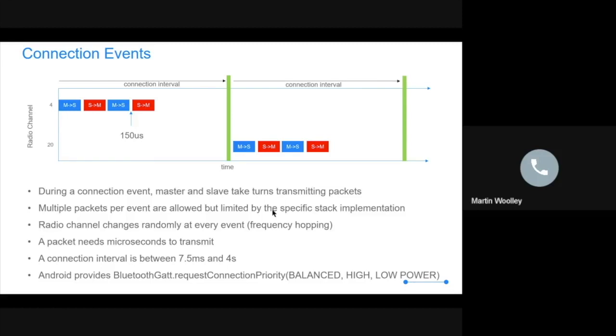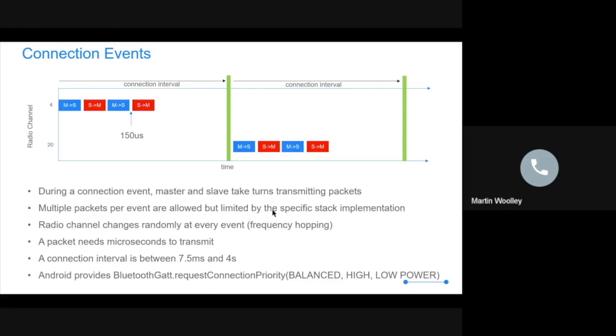So maybe it's not just Bluetooth using the radio on your smartphone. So the way Bluetooth approaches this kind of time scheduling and sharing issue is through two concepts, the connection event and the connection interval. A connection event happens every so often, and that time period is called the connection interval. It's one of the things that's negotiated when we connect.